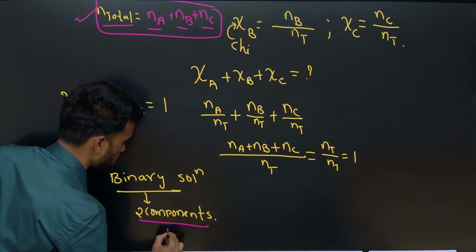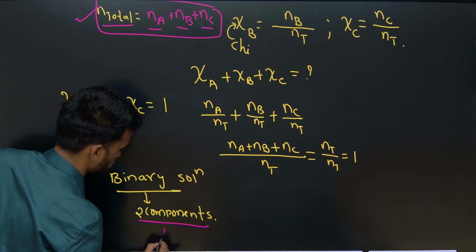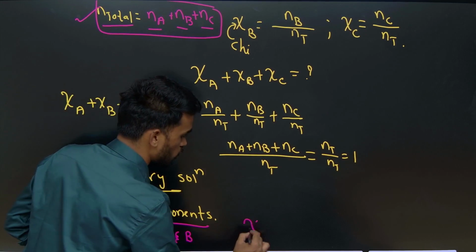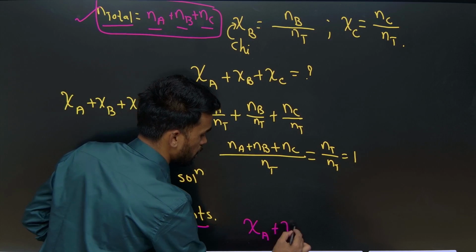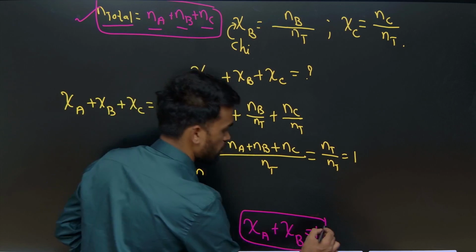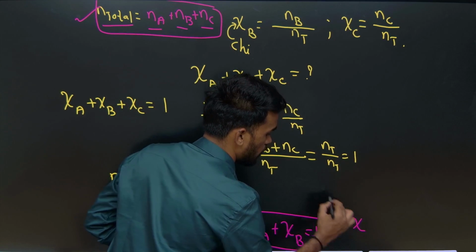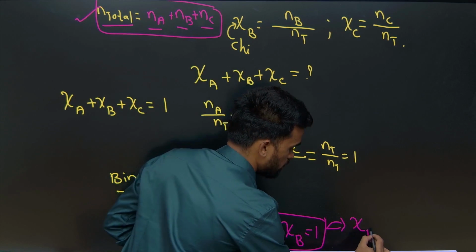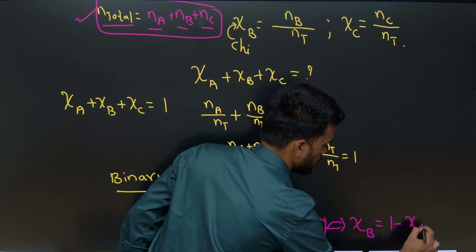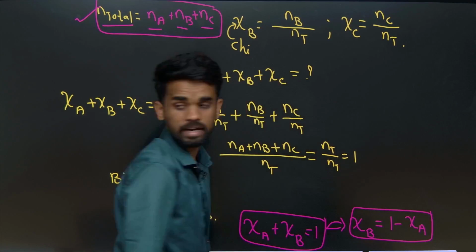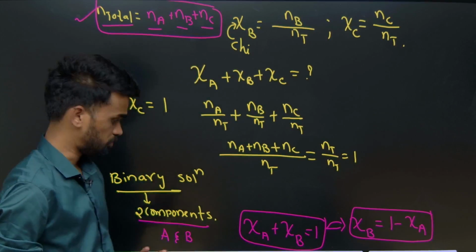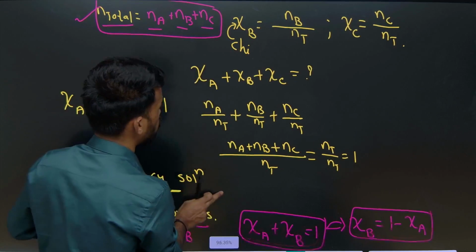Let us say A and B are the components of the solution. Now the sum of mole fractions, chi A plus chi B, equals 1, we can write, right? If I want to find only the mole fraction of B, we can write chi B equals 1 minus chi A. I hope this is clear how we write this kind of relation. So this is about mole fraction.